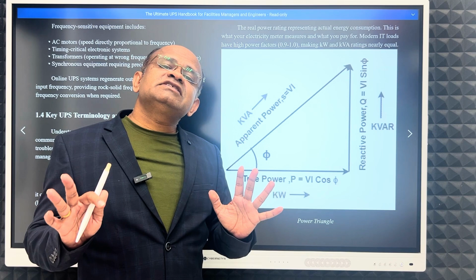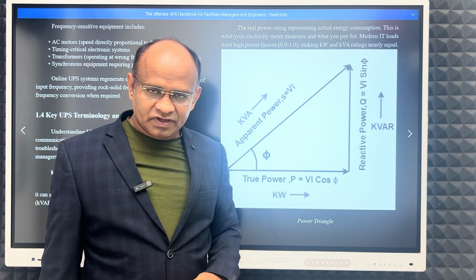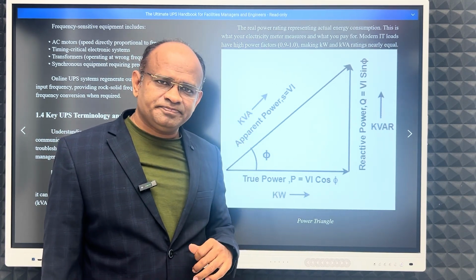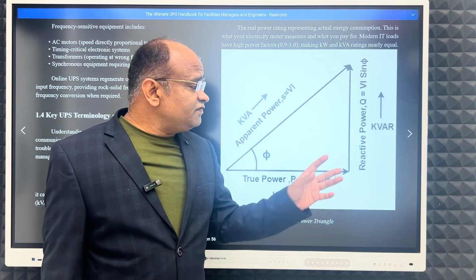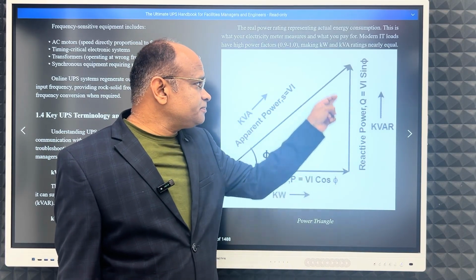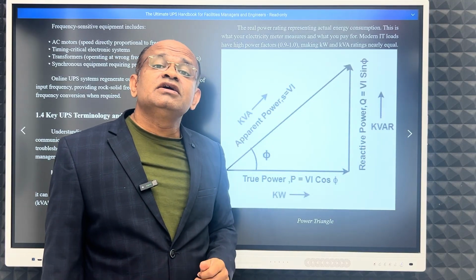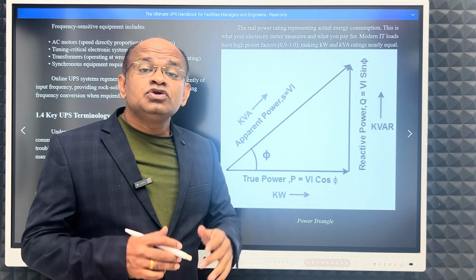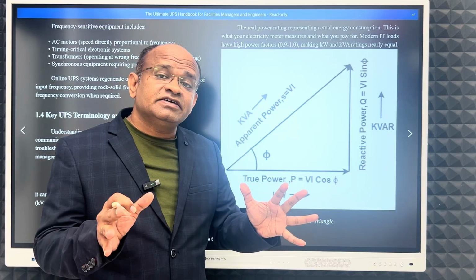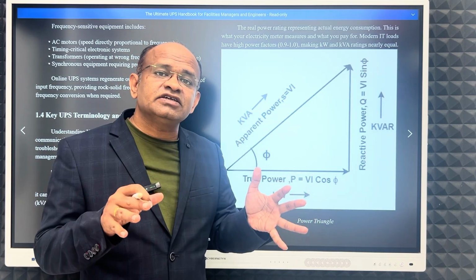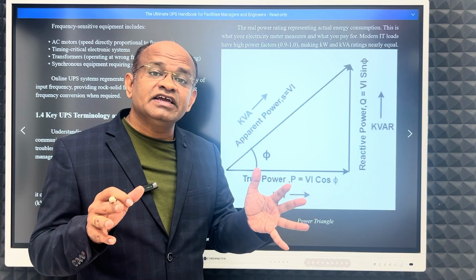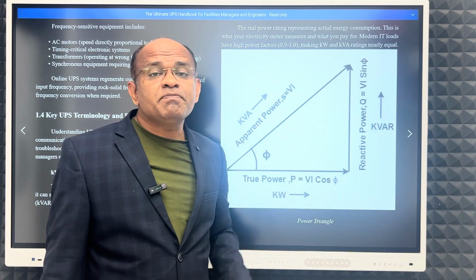Now let's take an example of an inductive load, let's say an induction motor or induction cooking. What does it do? It will increase the reactive power. To create the magnetic field in the winding, some power is required.